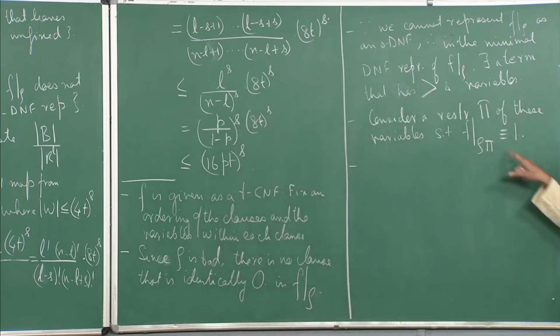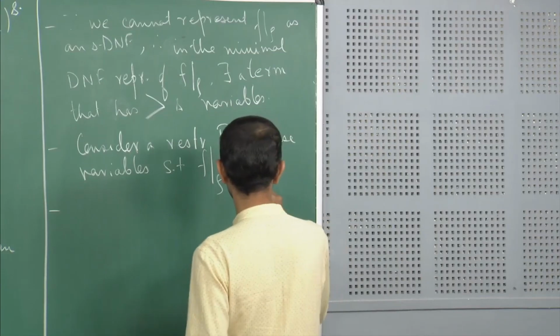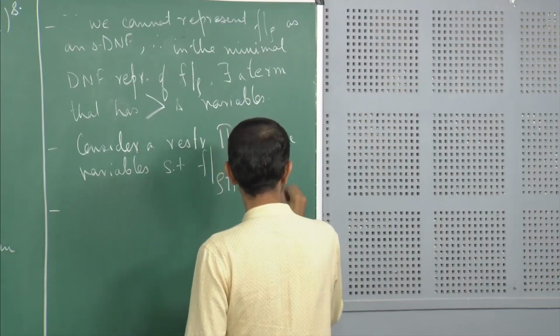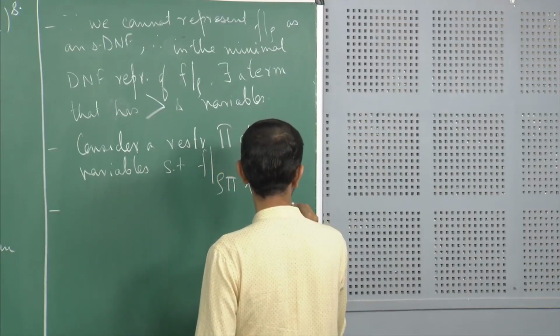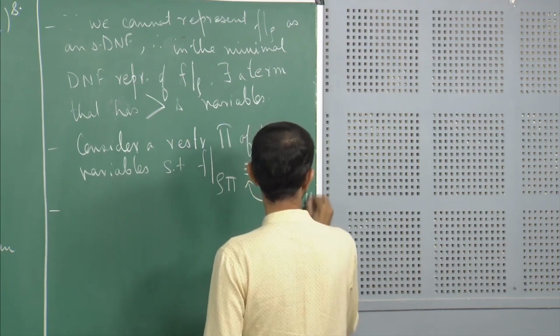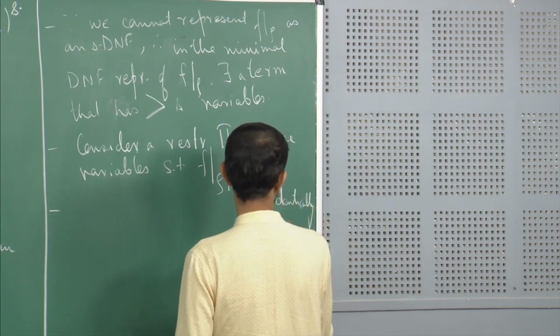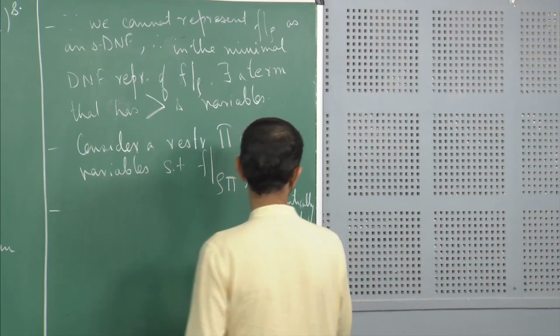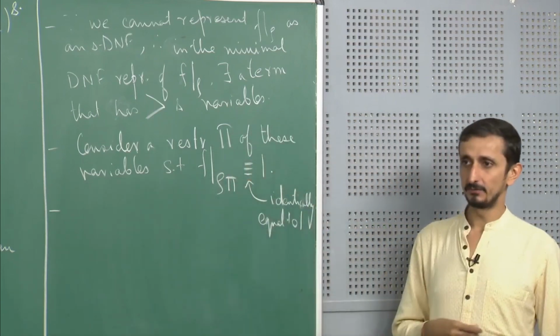I will be using this notation quite a bit. Let me write this: identically equal to 1, or if I write 0, it is identically equal to 0.